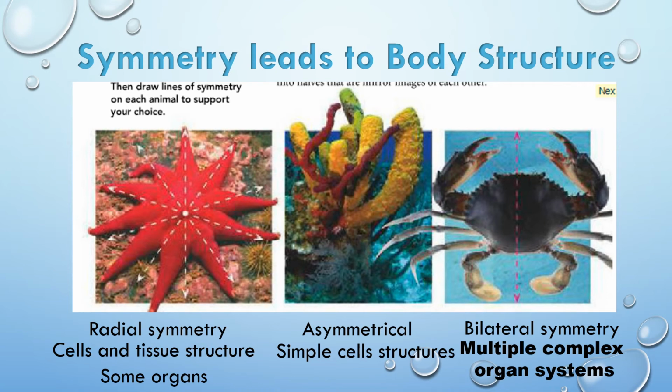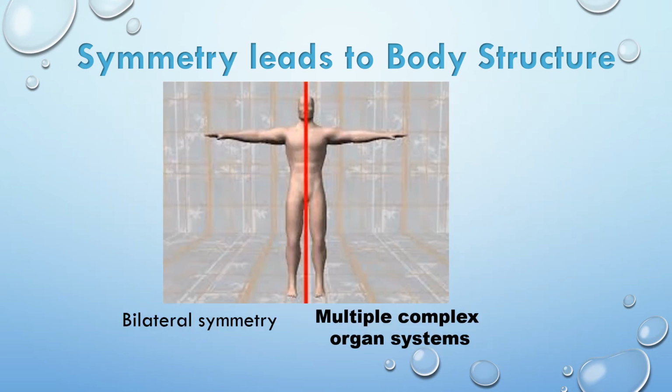The other groupings, they don't have all those extra things. So when we begin to see ourselves as humans as bilateral symmetry, then we can see the benefit of having bilateral symmetry, right? When you have asymmetry, you don't have those highly developed organs that allow you to do a lot of higher level of thinking, feeling, seeing, tasting, smelling.